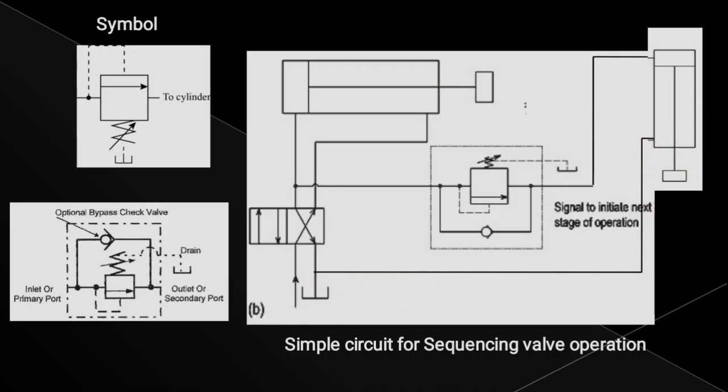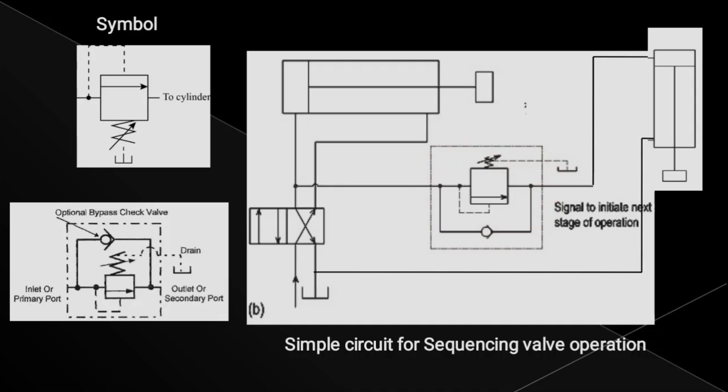So this is sequencing. The sequencing valve is using the external pressure of this line to operate the second cylinder. So this is the sequencing operation which is done by this simple sequencing circuit. It is a simple circuit, I am just explaining it to help you understand, but you will have some complicated circuits to do in your exams.